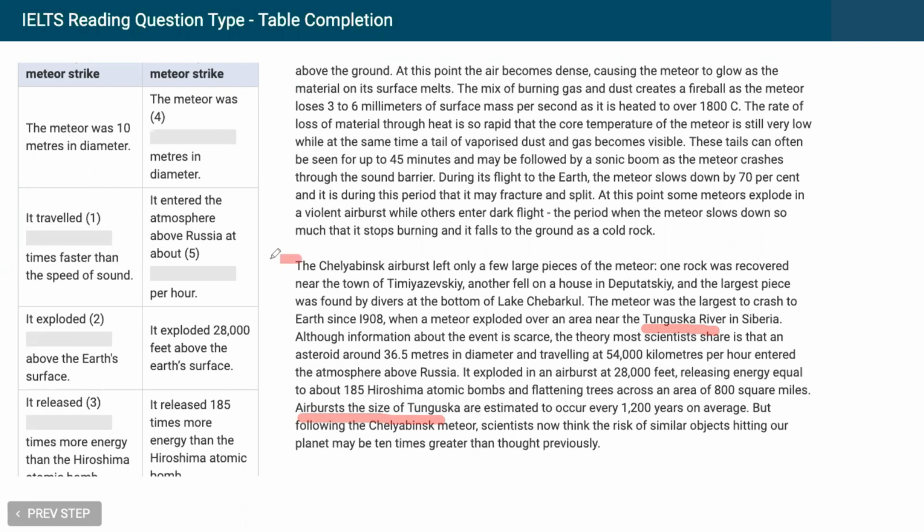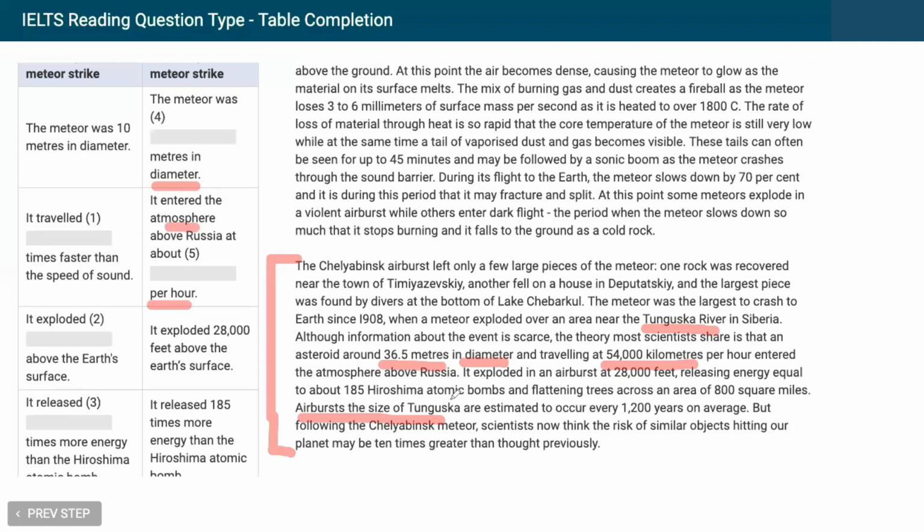I'm just going to scan for meteor and diameter, atmosphere, per hour. Let's see what we find. Already I see the word diameter here, and it says information about the event is scarce. The theory most scientists share is that an asteroid around 36.5 meters in diameter and traveling at 54,000 kilometers per hour entered the atmosphere above Russia.